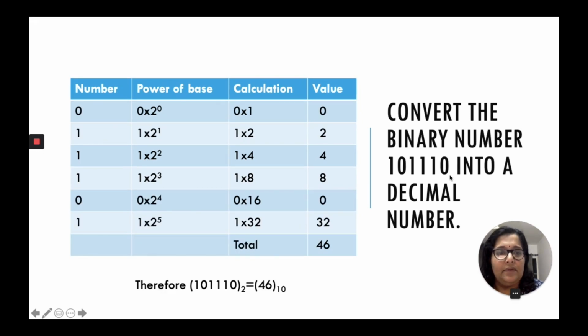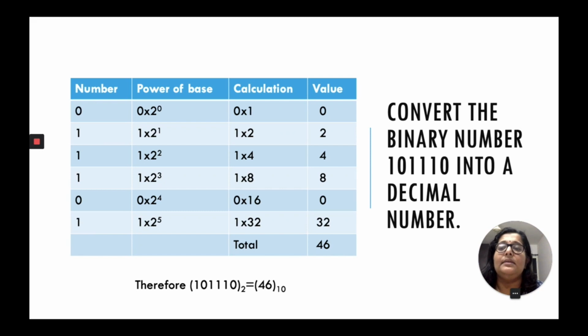In this slide, we are going to discuss the example of a binary number 10110. Like the previous slide, we are going to write the numbers in the reverse order in the first column. So I'm going to write 0, 1, 1, 0, 1. This is a very important step which you cannot neglect.